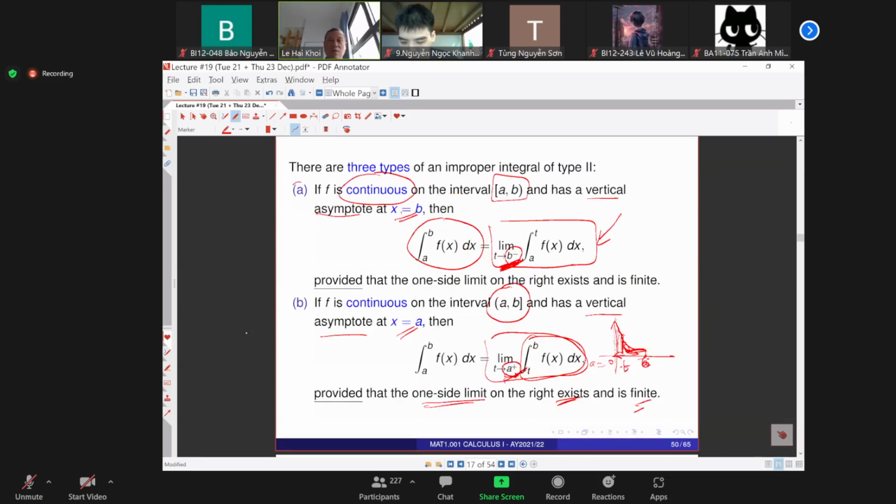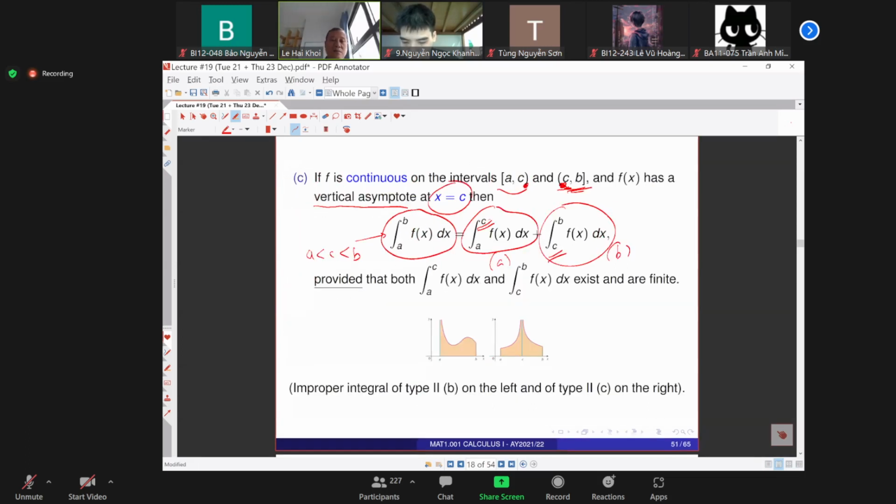Again, provided that both integrals exist and are finite. So, such a thing.